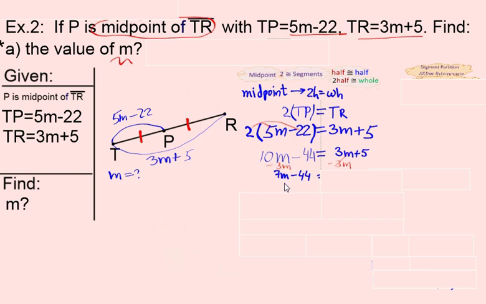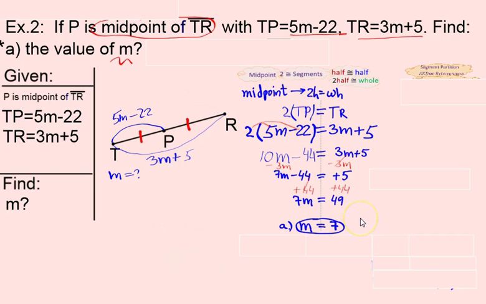So it would be 7m minus 44, and the right side will have just positive 5. Now, I need to get rid of minus 44. Opposite operation will produce an equation 7m equals 49. So we have our first result for the m.